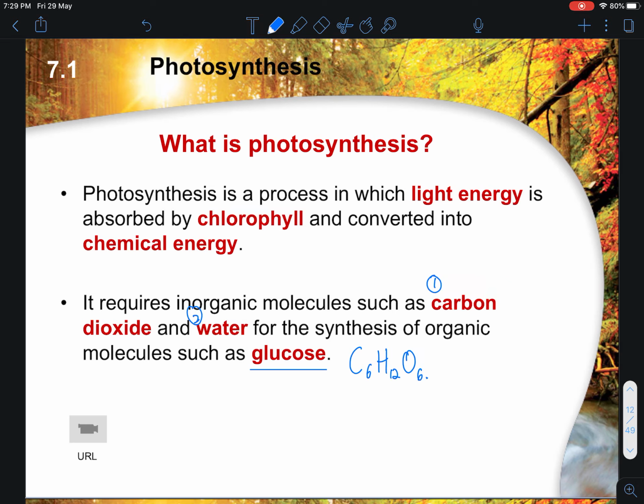This is the chemical formula of glucose. Generally you can see it is organic in nature because it contains a lot of carbon atoms. And the carbon comes from the carbon dioxide. So the carbon atom from carbon dioxide provides the carbon material for glucose. Then of course the O2 from carbon dioxide and also the H2O from water form the other. And this conversion can only occur with the help of light energy and chlorophyll.